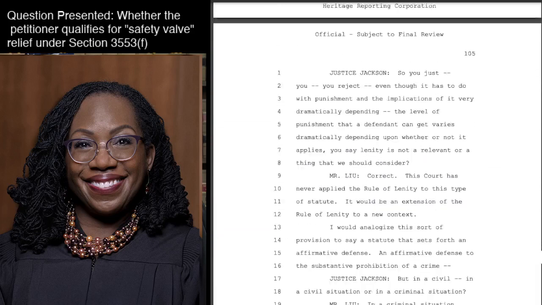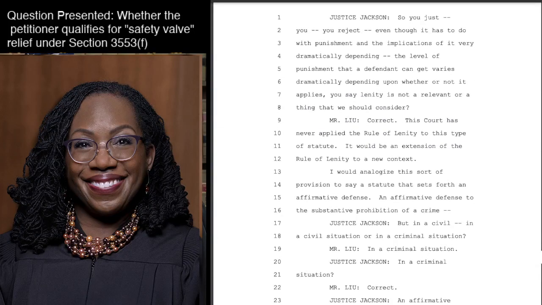So you reject, even though it has to do with punishment and the implications of it vary dramatically, the level of punishment that a defendant can get varies dramatically depending upon whether or not it applies. You say lenity is not a relevant thing that we should consider. Correct. This court has never applied the rule of lenity to this type of statute.